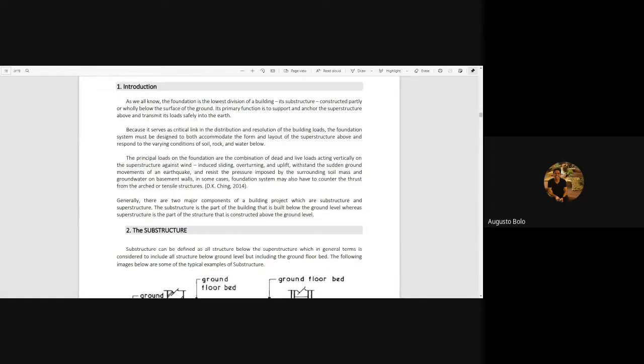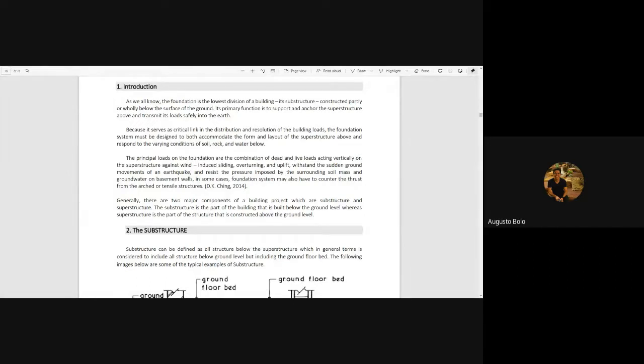Kaya, very important sa atin bilang mga designers and developers of the future generation to identify na ang pinaka-purpose ng isang architect or any other developers ay hindi lang yung aesthetics, 'di ba?